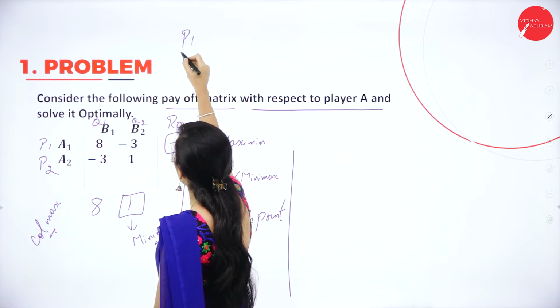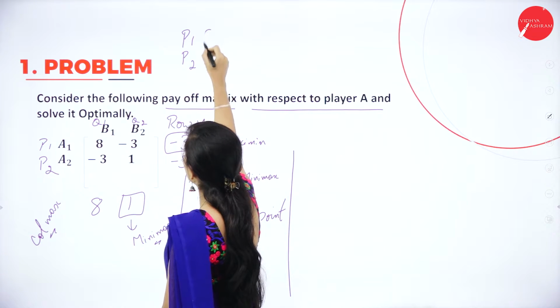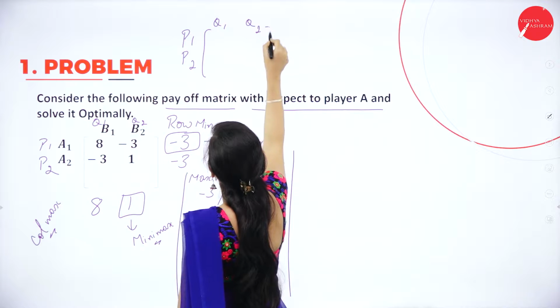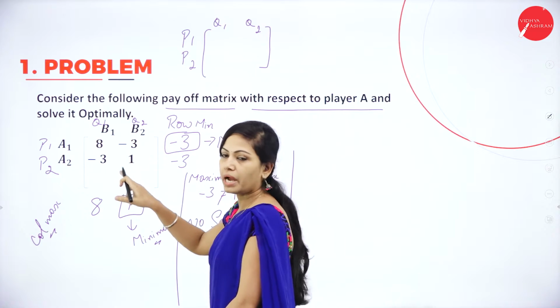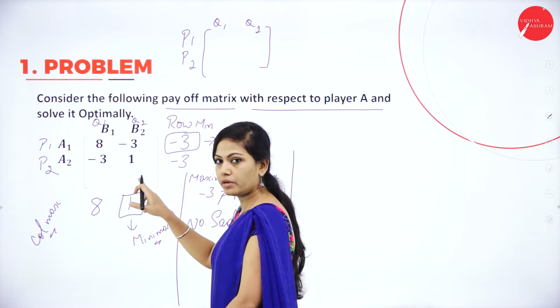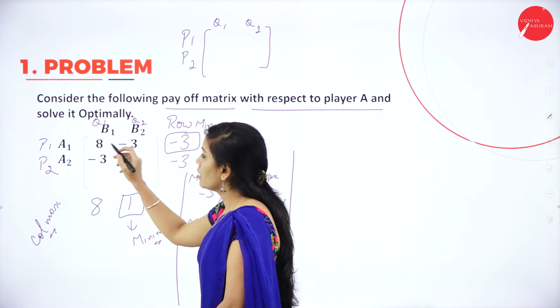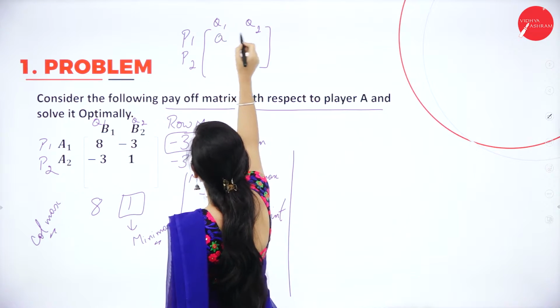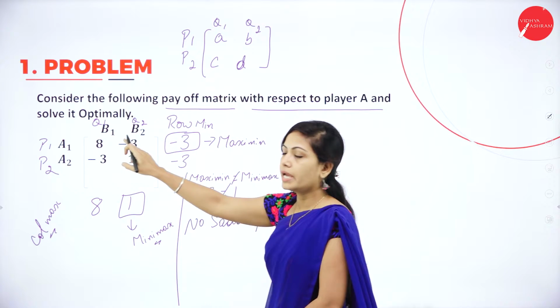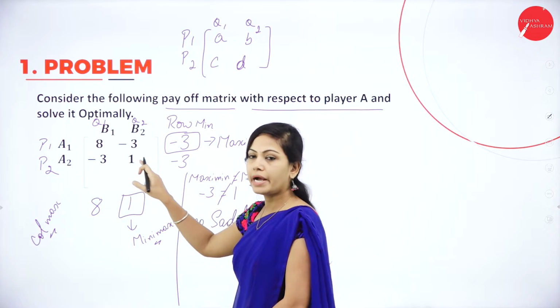Player A1, A2 I consider as P1, P2 and Q1, Q2, and you can see the matrix values here, 8, minus 3 and 1. This I can also write as A, B, C and D. These positions are A, B, C and D.